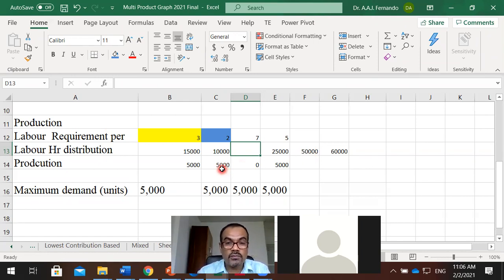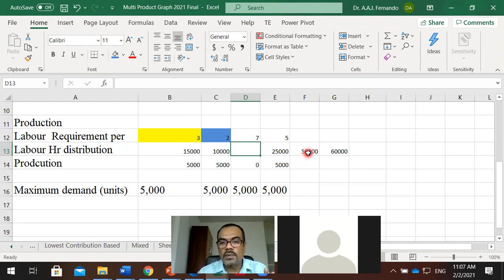So number one, you produce 5,000 from X, then 5,000 from Z, 5,000 from W, and no products from Y. You are right. For material, I did not work it out. So you better work it out and see that the same rule is followed.